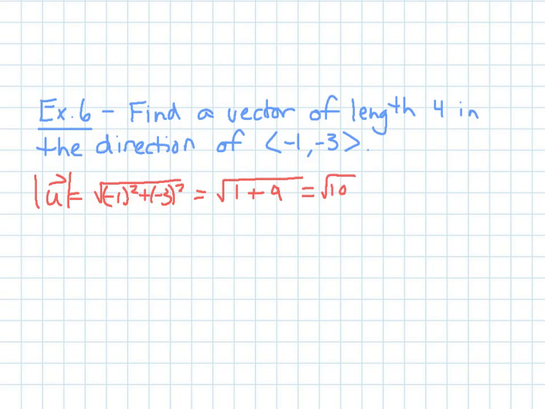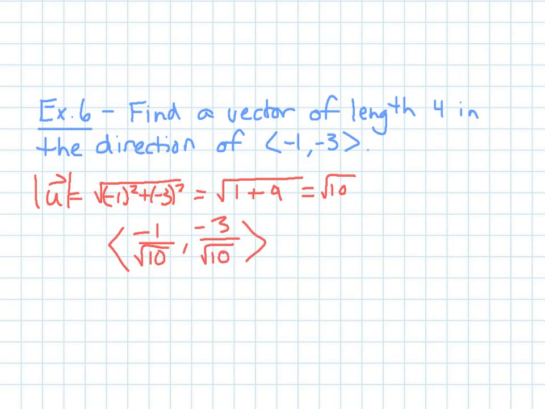Then I would do the same thing as normal: take your a and b values and divide them by your magnitude. So you get -1 over square root of 10, comma, -3 over square root of 10.